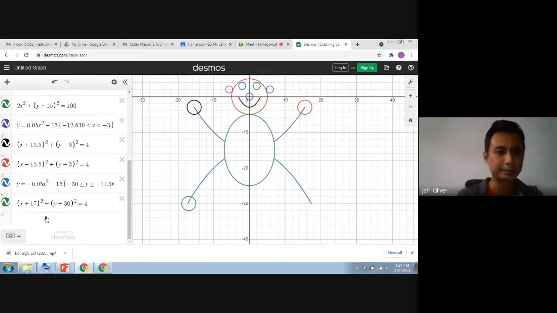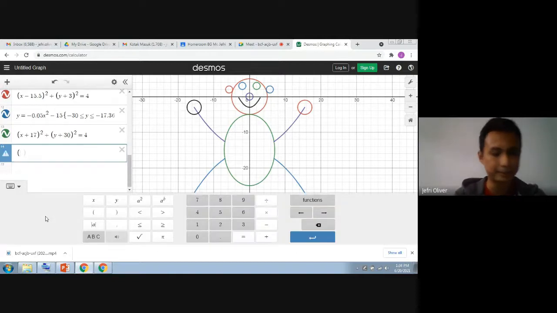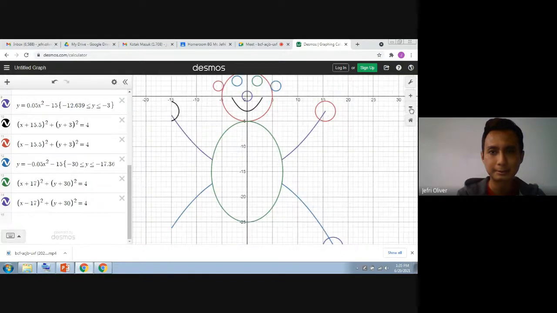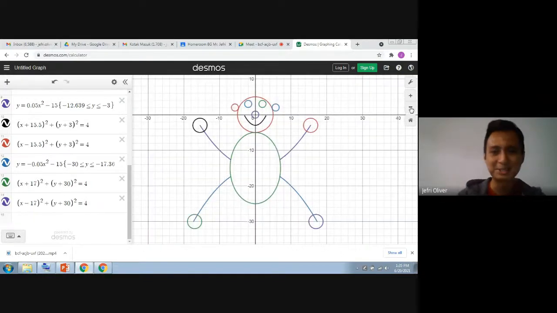And then the other part will be symmetrical: (x minus 17) squared plus (y plus 30) squared is equal to 4. Right. So it becomes like this. So cute, right?